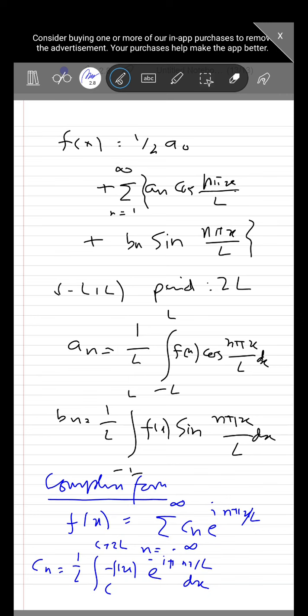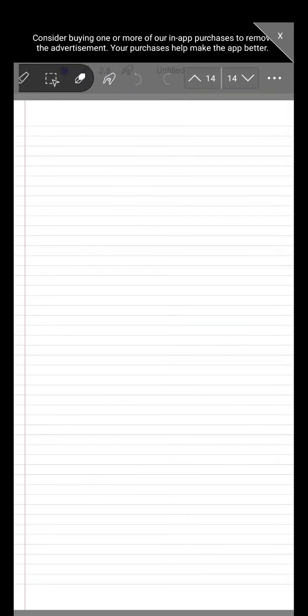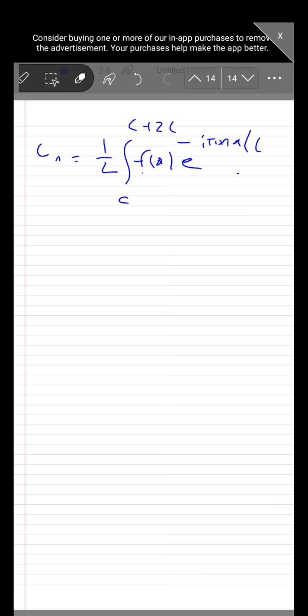Now this value is Cn, let me write it once again: it is 1 by L integral from c to c plus 2L of f(x) e to the power i n pi x by L dx. This has got three values. If n is greater than 0, it is 1 by 2 (an minus i bn).